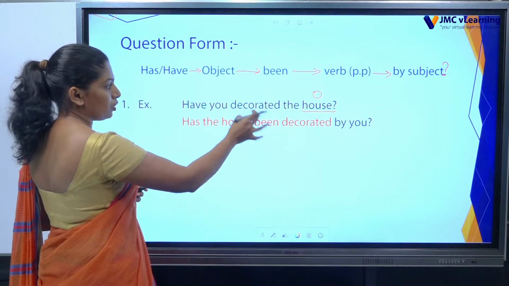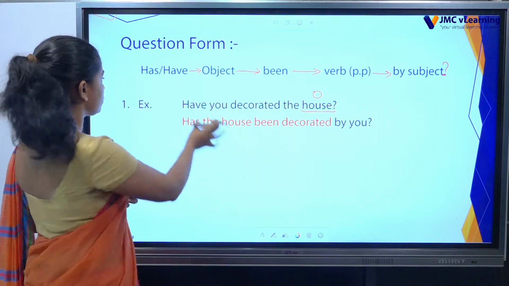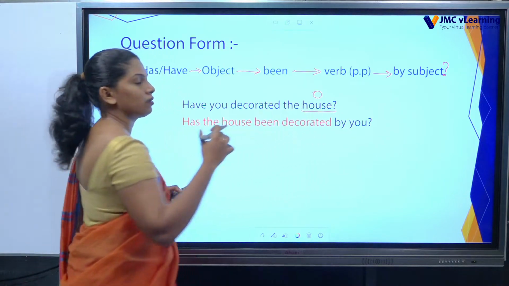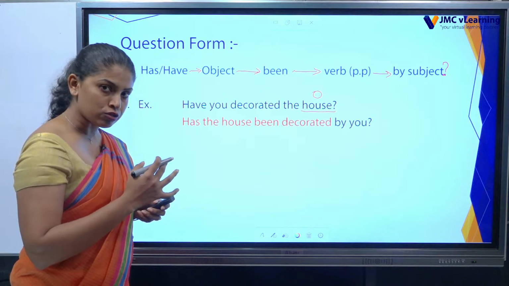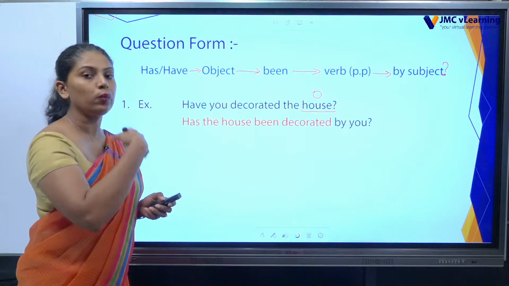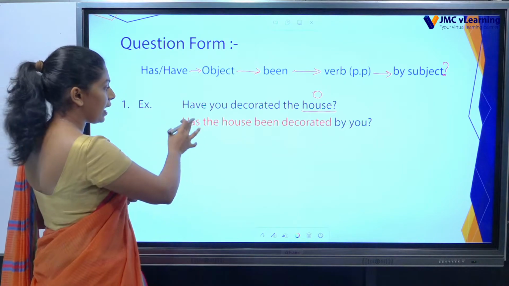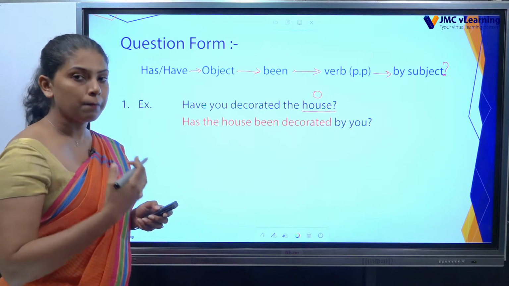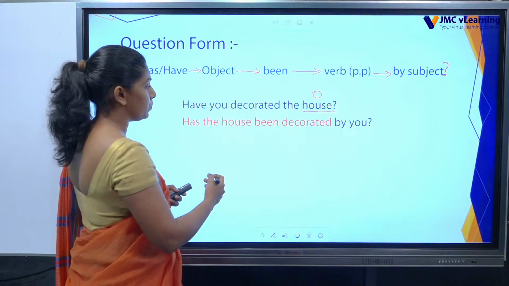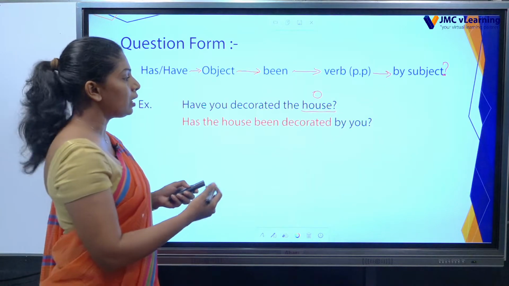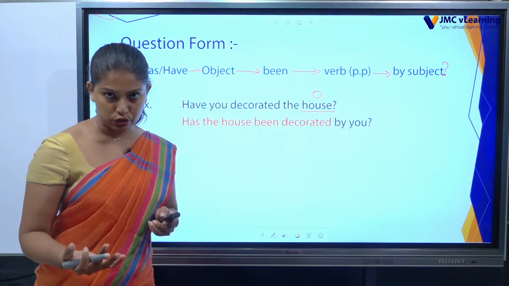And we know that when we are asking a question we have to take has or have in this part. So the house is a singular thing, so we have to take has. Has the house, that's how we are making the sentence. Has the house, then we take the helping verb been. Has the house been decorated, verb in past participle, by you? We are asking a question, right?